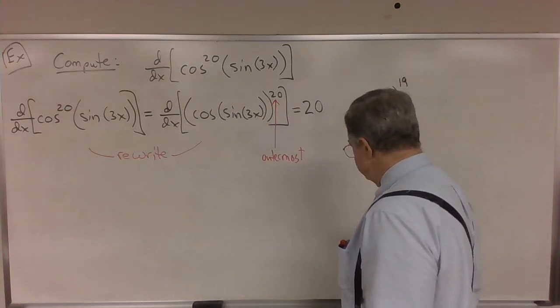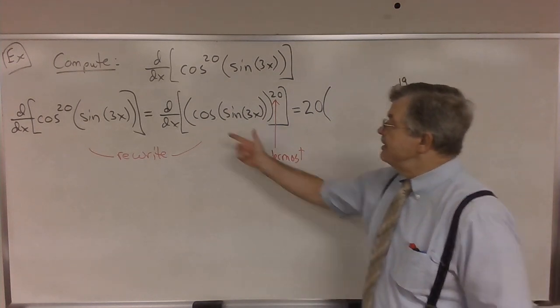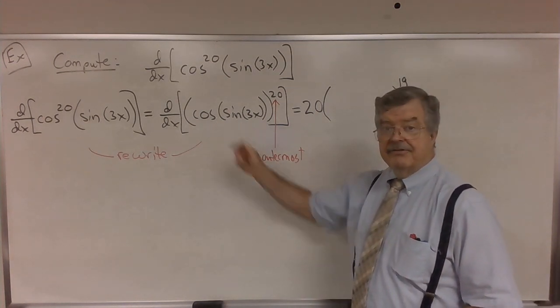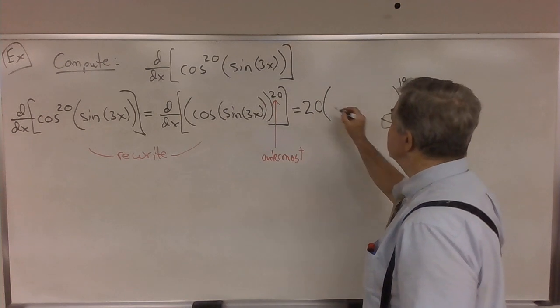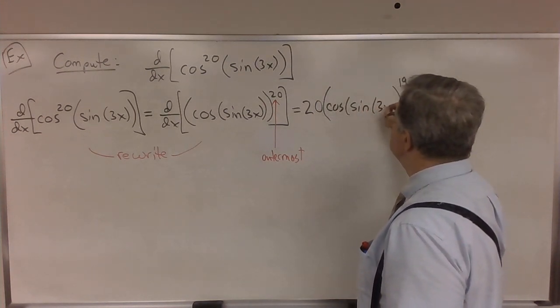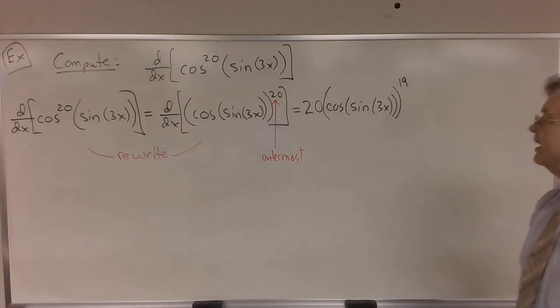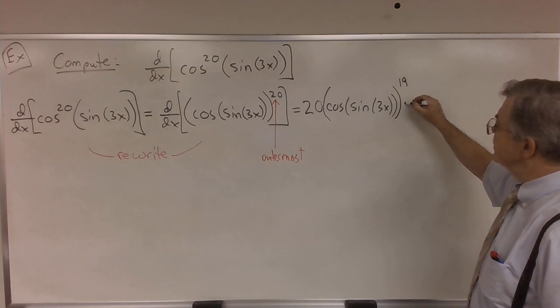That's the derivative of the outermost function. And it's going to be evaluated at everything inside. Cosine of sine of 3x. Okay, we're done with that.